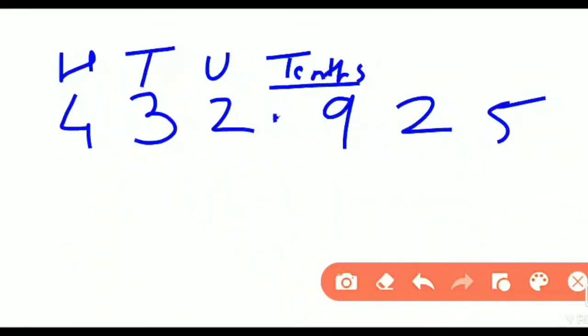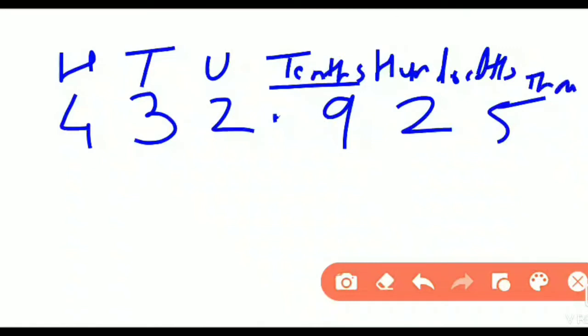After the point there is no units place; after the point comes the tenths place. The place of 2 is hundredths. And 5 is at the thousandths place.